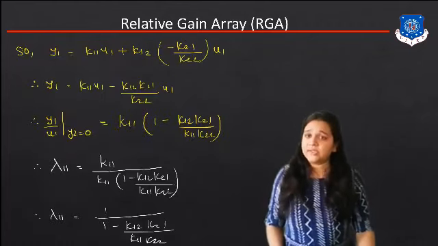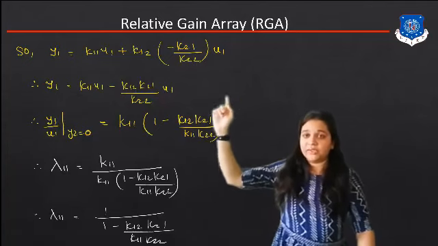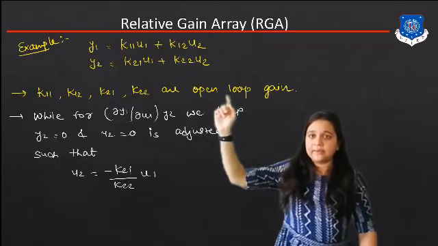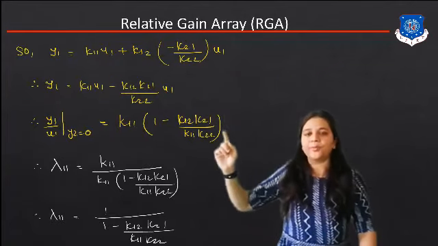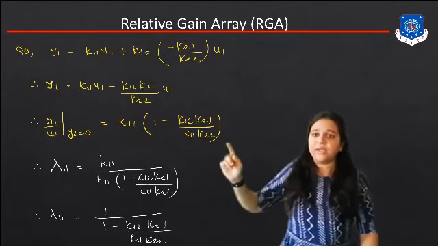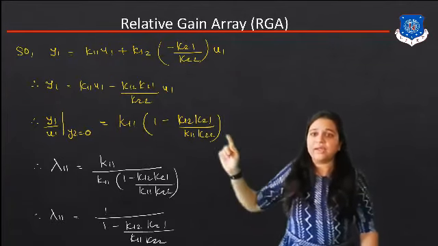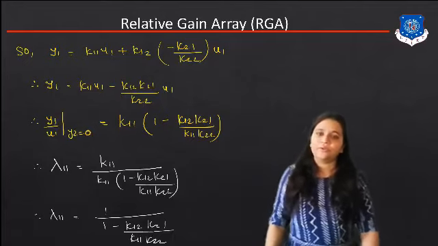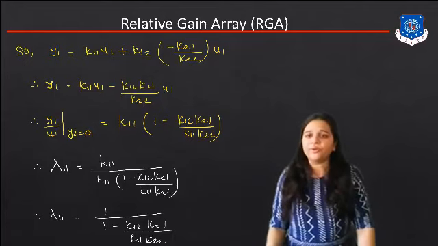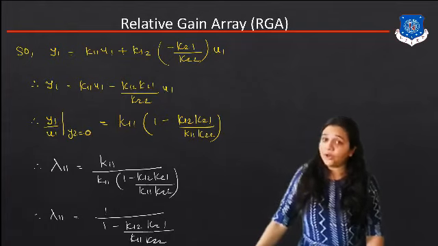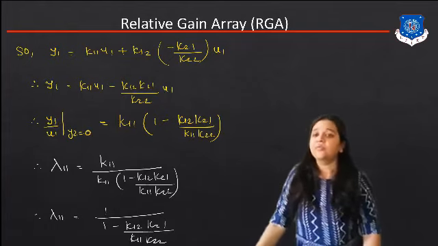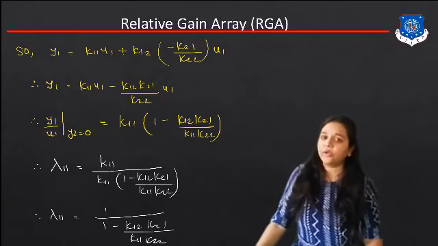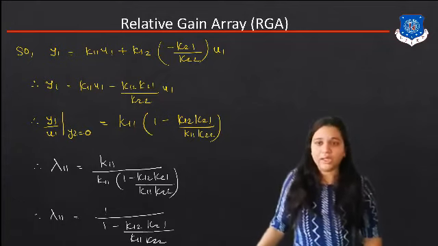So y1 is equal to k11 u1 plus k12 as it is, and we can put u2 is equal to minus k21 upon k22 u1. So we get y1 is equal to k11 u1 minus k12 k21 upon k22 u1. So y1 upon u1, where y2 is equal to 0, is equal to k11 into bracket 1 minus k12 k21 upon k11 k22.